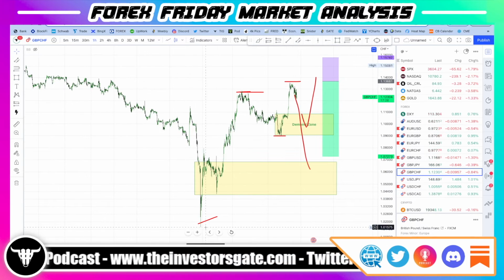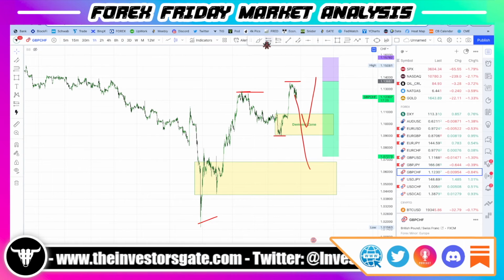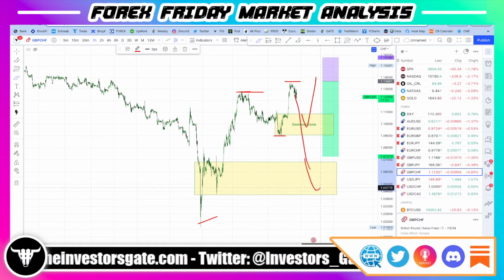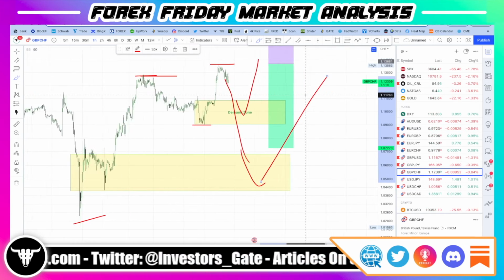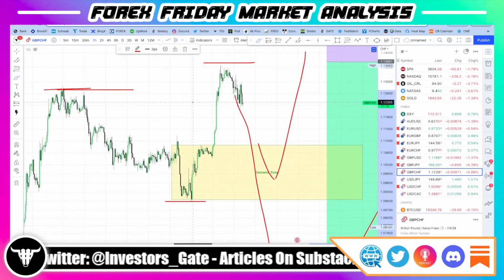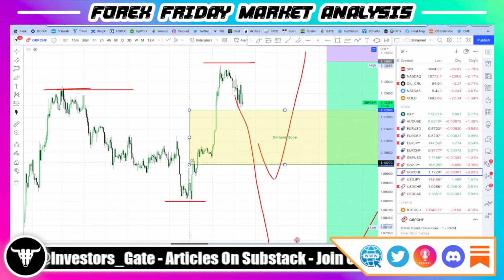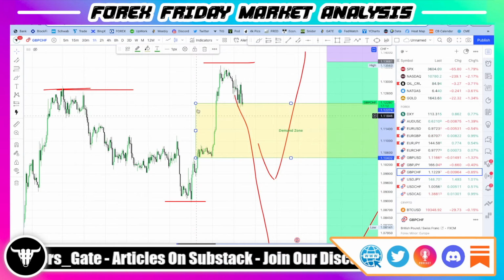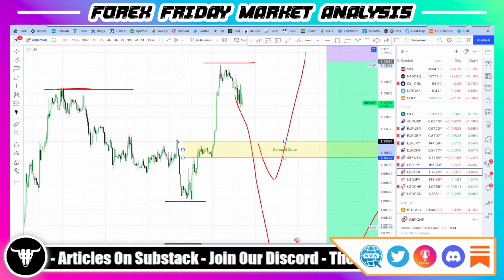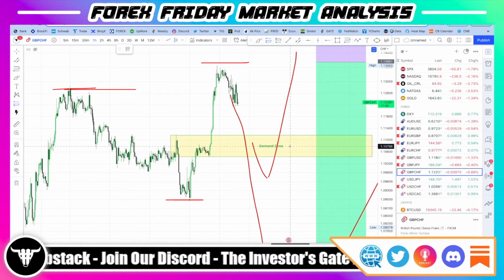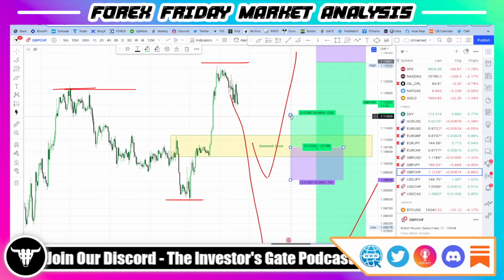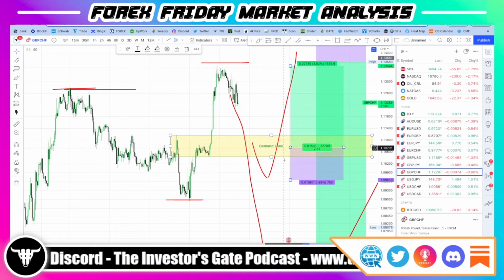Possibly, I guess you could play off of this actual low. I don't know if it would get that far down, but dip back into this and then continue, or even be range bound. But on a shorter time frame, I still would be eyeing these levels, maybe even this really small level right here. So basically some sort of retracement back into this level to target a higher high.